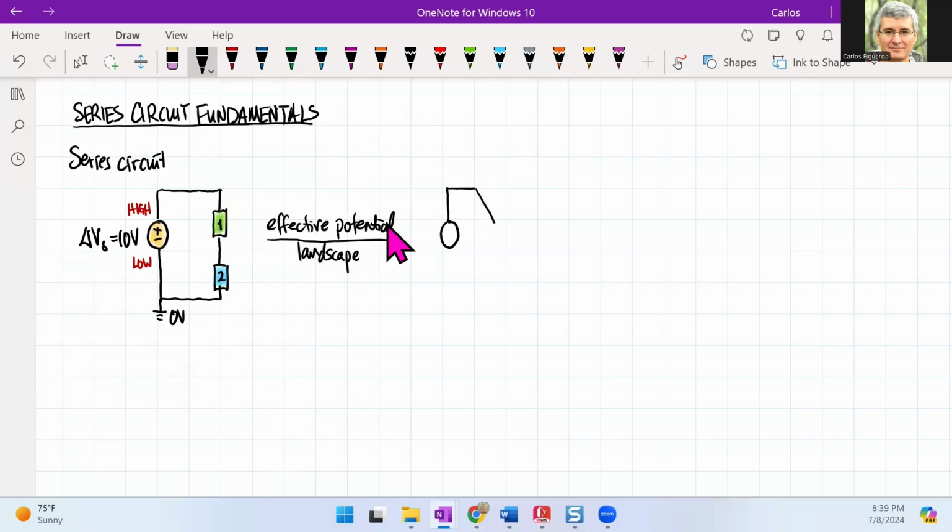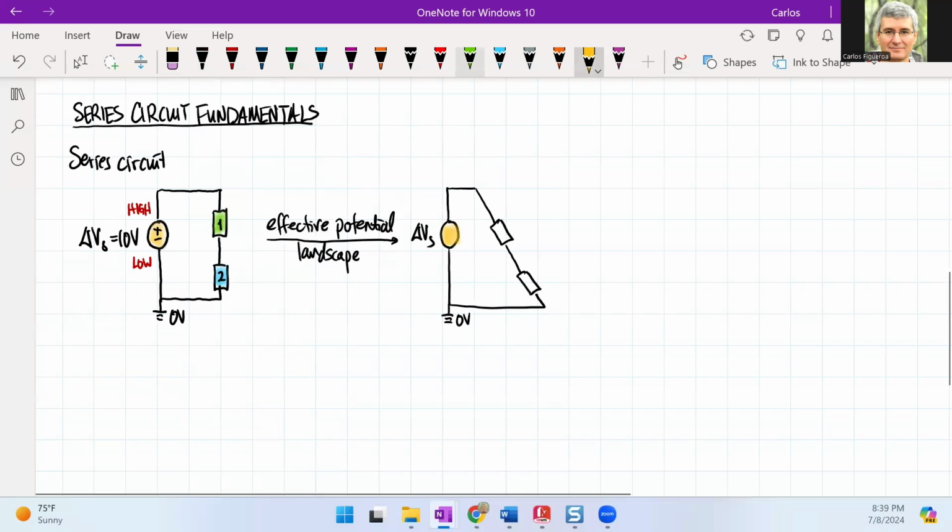As I look at an incline, I am seeing this guy coming all the way down to the bottom of the incline like this. Once again, this guy represents my ground, and then this is my source. So then I can come in and put all the little details that we've been doing before.